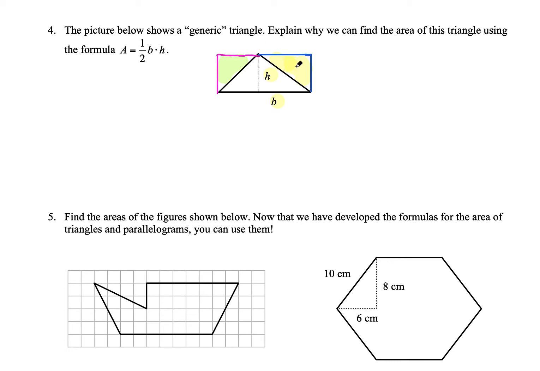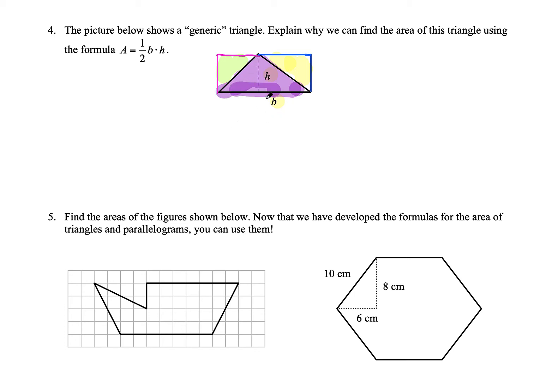But we've doubled the overall area. Basically, we've created another one of these triangles. So to get the actual area, we have to take 1/2 of the base times the height to be left with just the area of the original triangle that we see in purple.